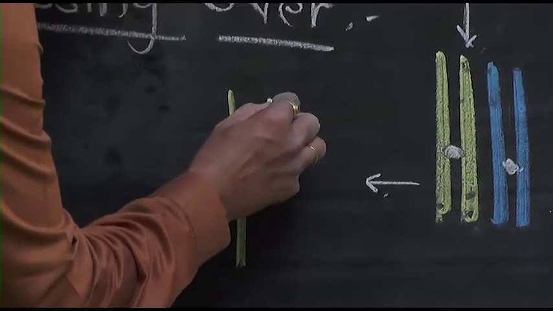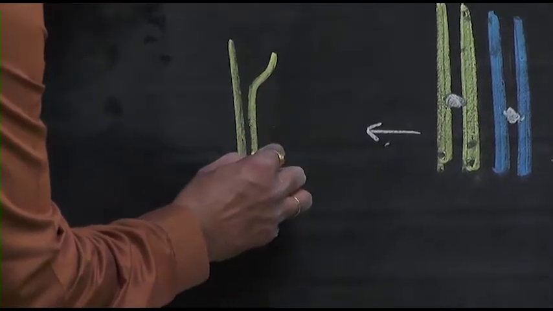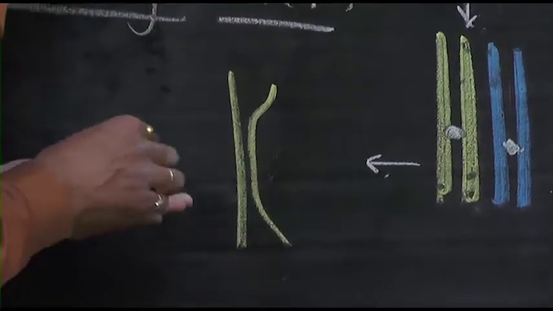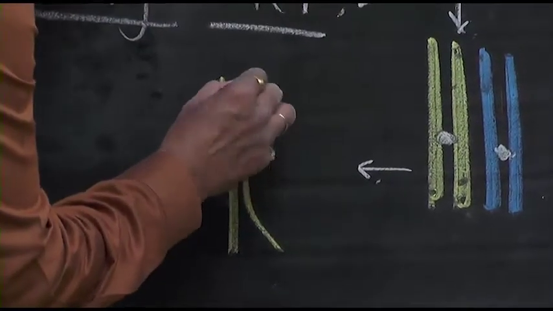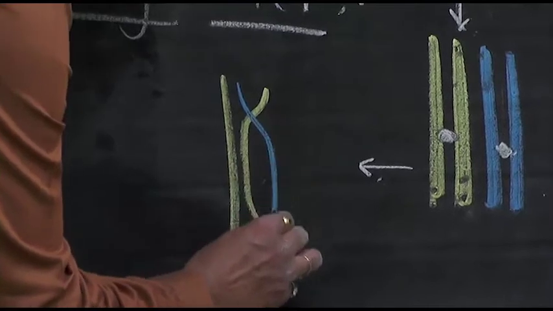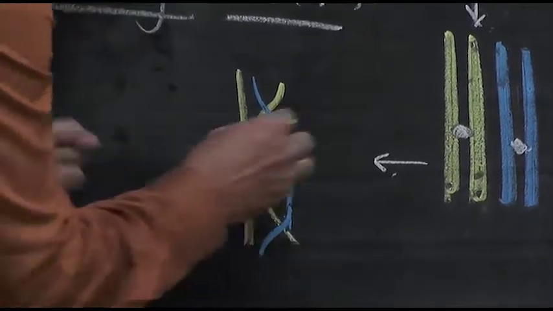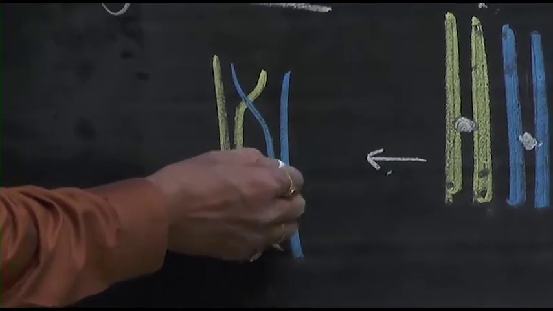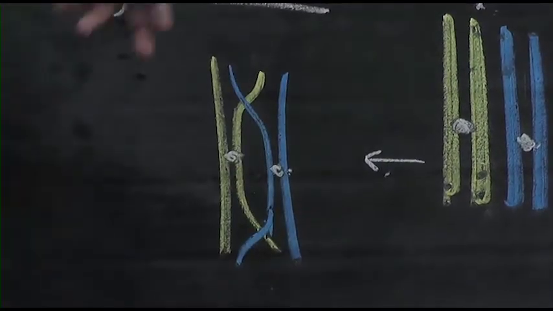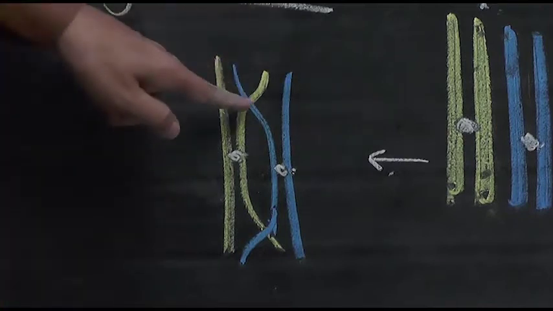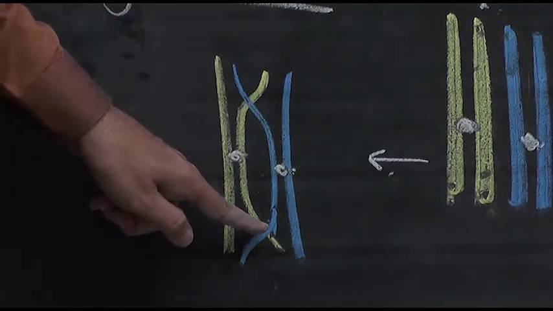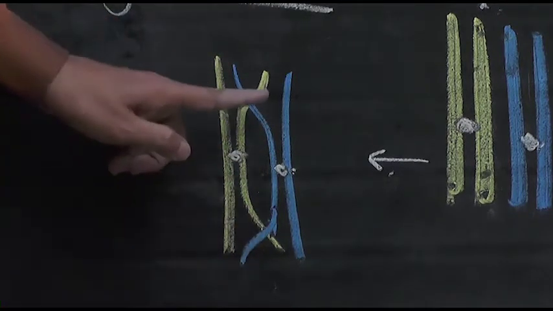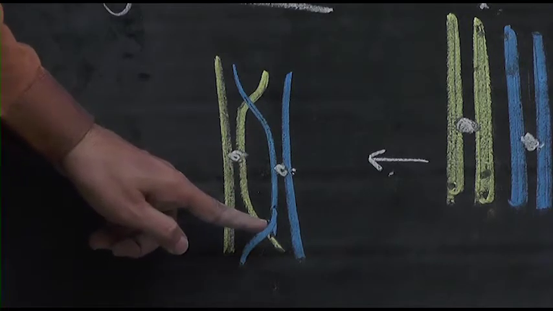At one or many places. Look, the adjacent non-sister chromatids, they twist, coil around each other at one or many places.